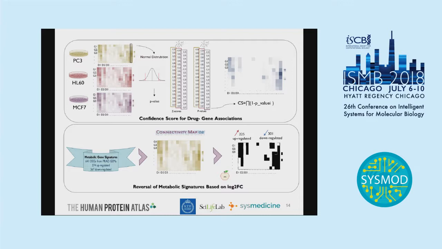Then I mapped these metabolic gene signatures onto the drug-gene matrix that we got with the log2 fold changes and confidence scores. And in the end, I found 225 upregulated genes and 301 downregulated genes across 683 drugs. And it's the second half of the apple.